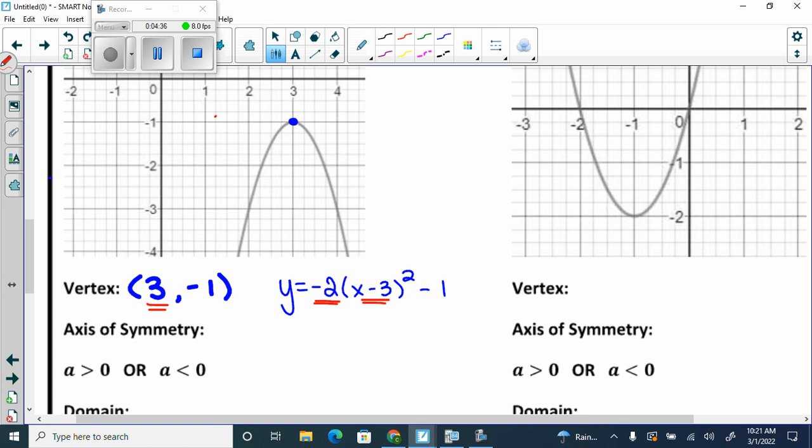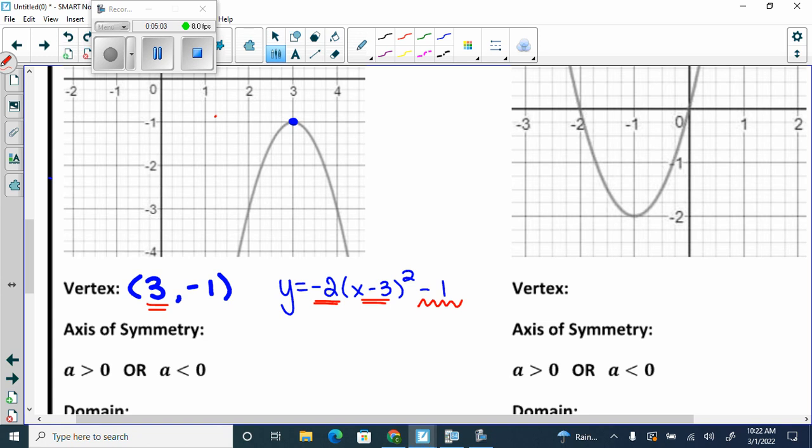Okay? And what did this one do? The cube. It moved it up or down, and in this case, which way? Down 1. Remember the q is the same, and the p, if it's negative, you actually are moving right, and if it's positive, you're moving left because of that negative sign in the equation. Okay?